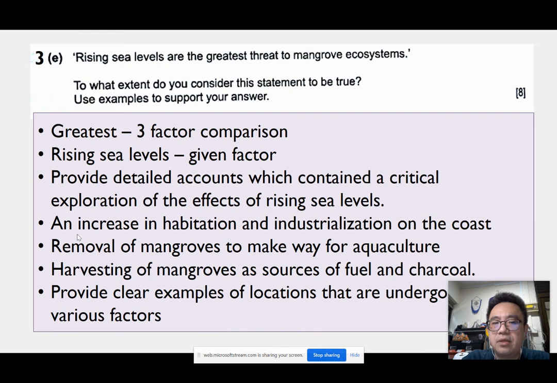Whichever one you pick to fight against rising sea level, you have to have awareness and understanding that rising sea level is something you cannot stop. Think about that for a minute. You cannot stop rising sea levels. It's caused by climate change, and we have not shown the propensity to be able to stop climate change at all.